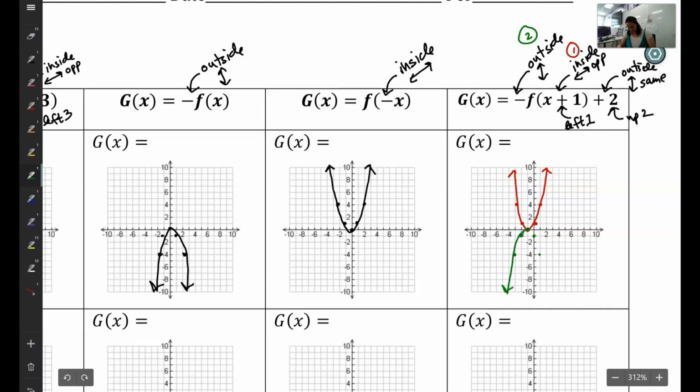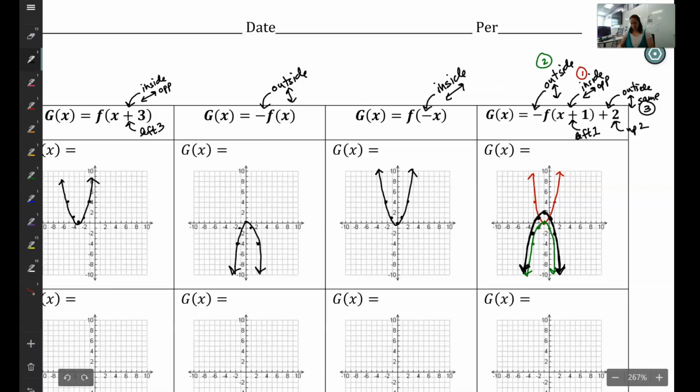So now I've got that one. And finally, I want to move everything up 2. So that black one is my final one. And you can either make it thicker, or you can color code it, or you can erase the other two, whatever you want to do.